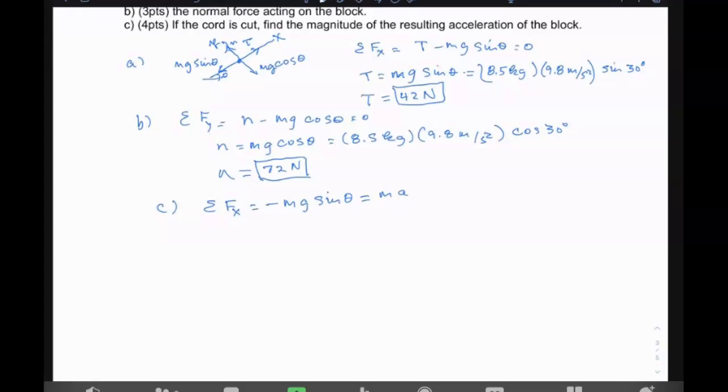And the masses cancel out. And a is equal to minus g sine theta, which is equal to minus 9.8 meters per second squared times 0.5. And that tells us that the acceleration is minus 4.9 meters per second squared.